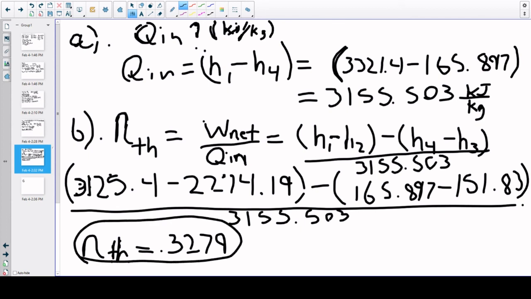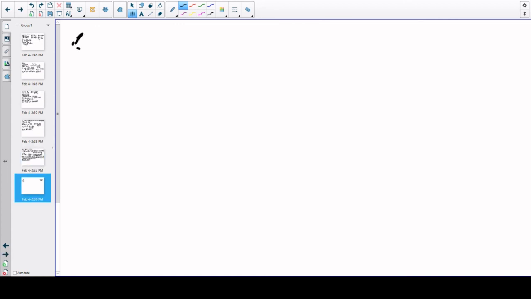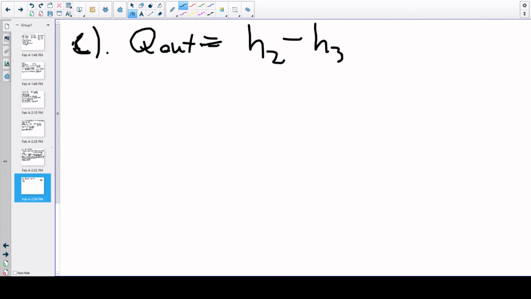And now we move on to part C. Part C is asking for the heat leaving in the condenser. This is the heat removal required to turn our saturated region water coming out of the turbine into all liquid, so we can pump this up to the final state. This is usually done by some sort of heat exchanger, which is a condenser.